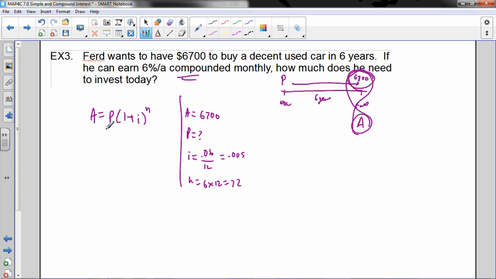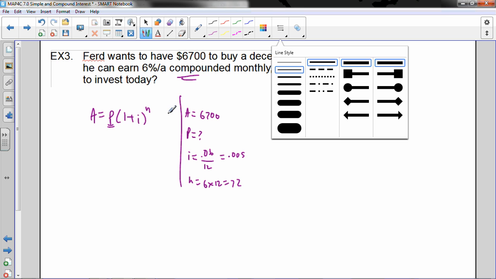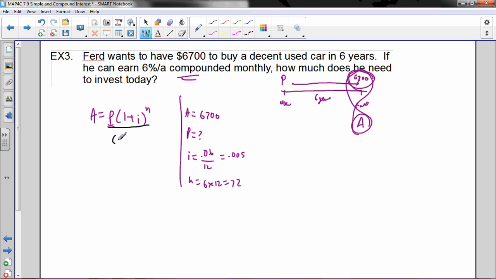Do I rearrange first, or do I substitute then rearrange? And it doesn't matter. I'm going to actually rearrange first, because if I want to solve for P, I can get P alone just by dividing by that thing right there, and that's what I'm going to do. I'm going to divide by 1 plus I to the exponent n on both sides.